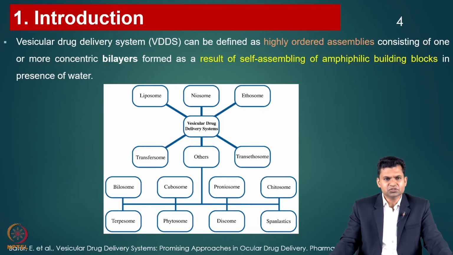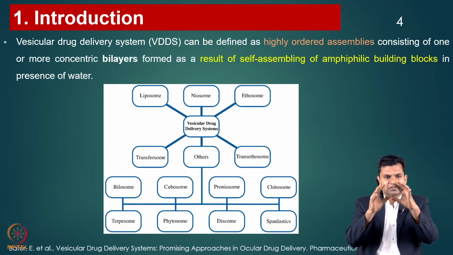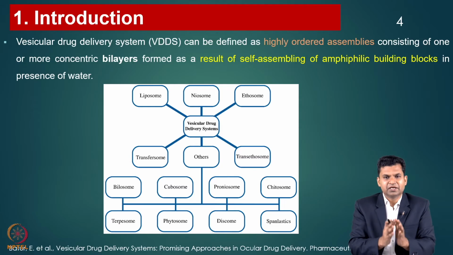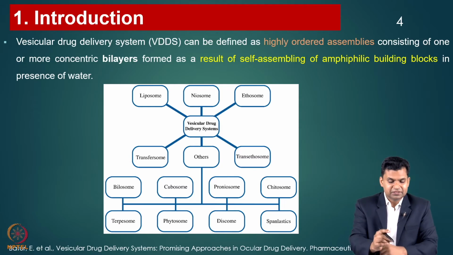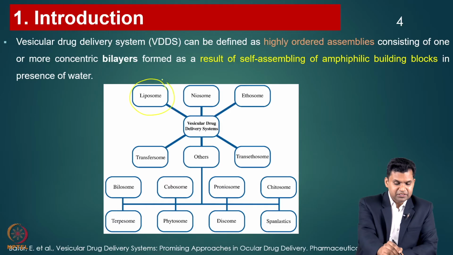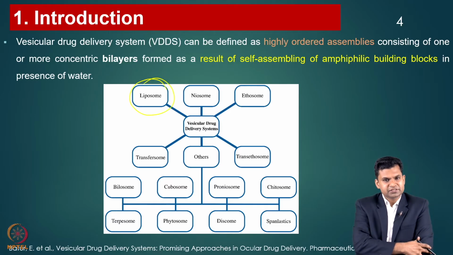So, we started the introduction on the nanocarrier systems, and in that one segment comes, that is vesicular drug delivery systems. It is a very big family. In that we started already with the liposomal formulations.